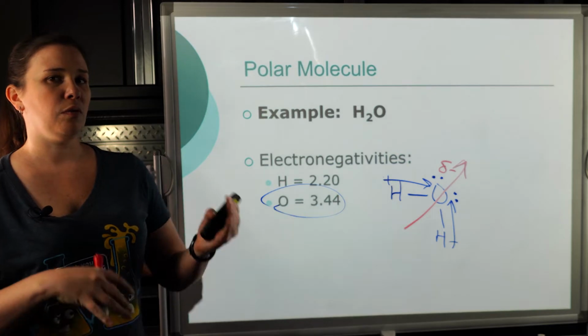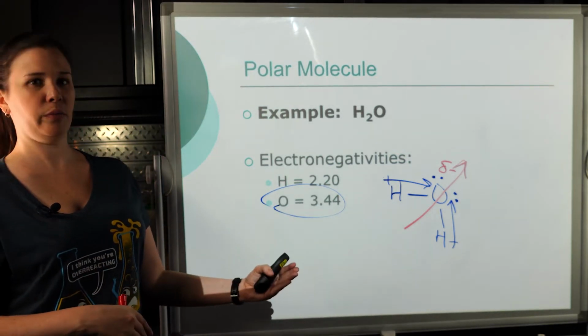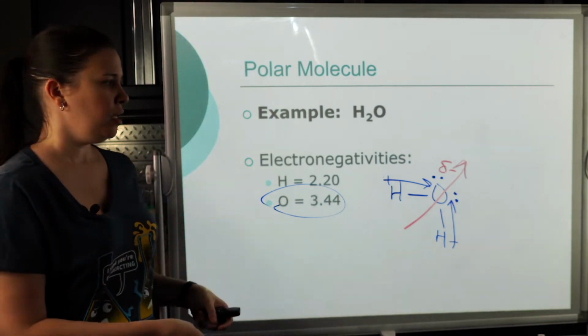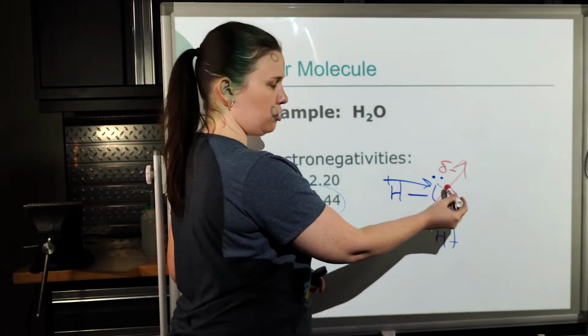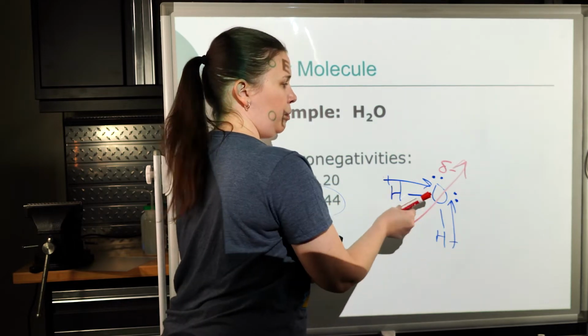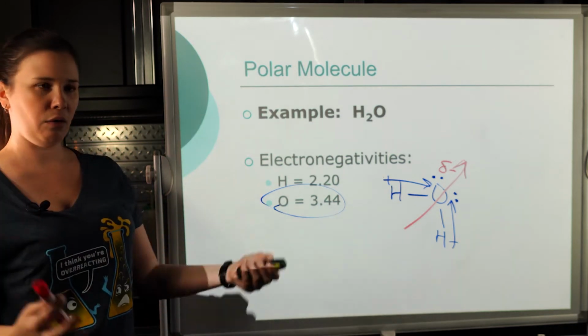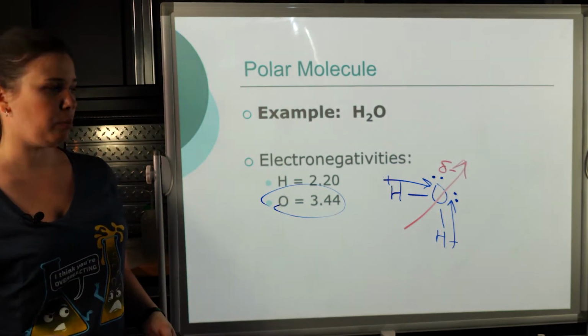So in order to determine if the molecule is polar or where its polarity lies, you've got to consider all the bonds and kind of add them up. Picture a ball where the oxygen is. If I pushed it simultaneously to the right and up, where would that ball go? That's kind of what we're drawing with that polarity arrow for the entire molecule, or the net dipole or total dipole.